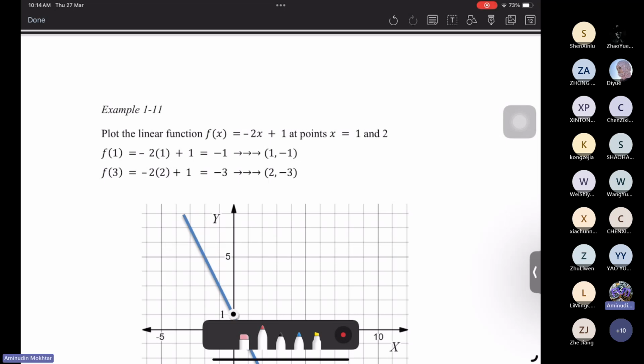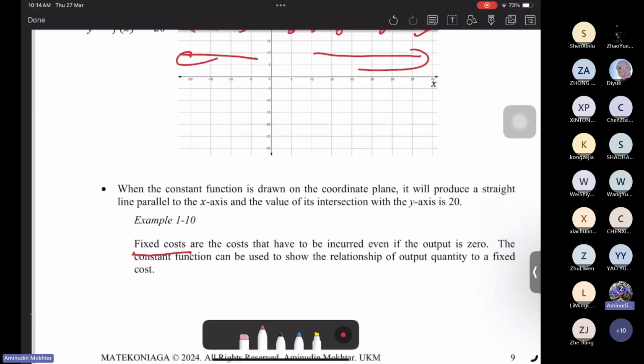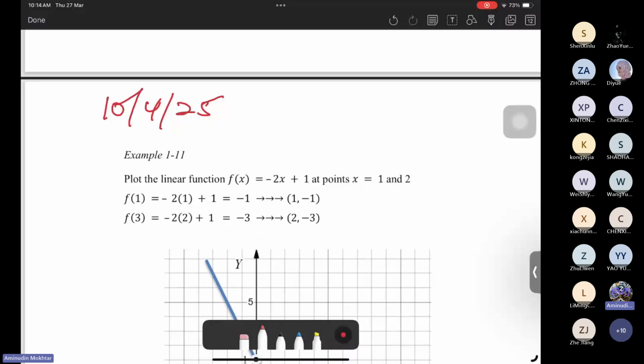Next week is a public holiday, no class next week, and then we will continue our lecture on 10 April 2025. I will continue at page 10, still about the linear function.